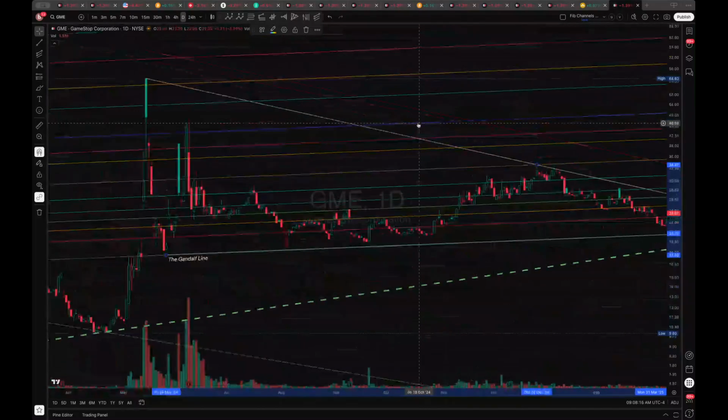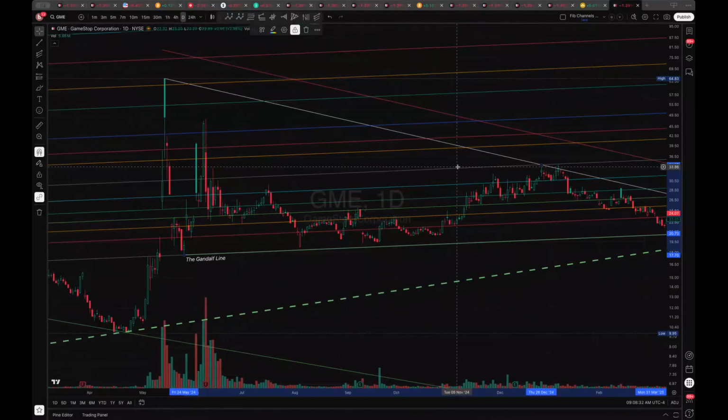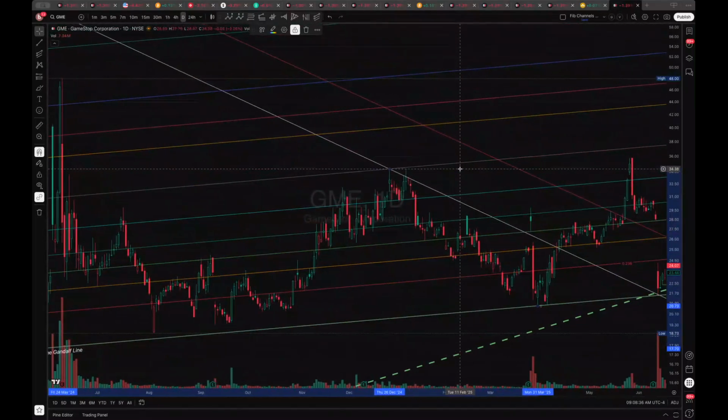So I'm going to place my one fib extension where I had a significant resistance line intersecting with a trend line there. I'm going to go ahead and lock the fib channel just to make sure I don't accidentally move it.